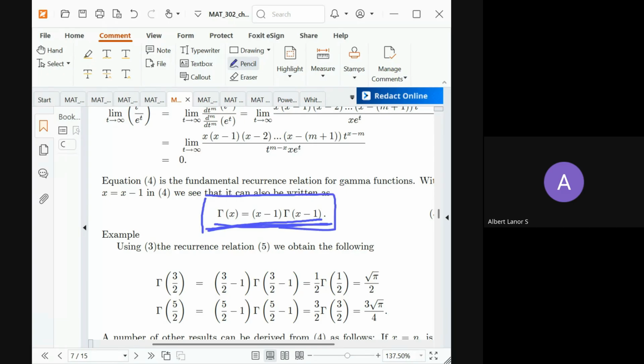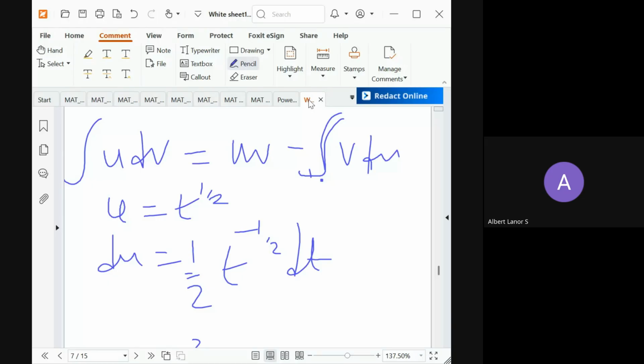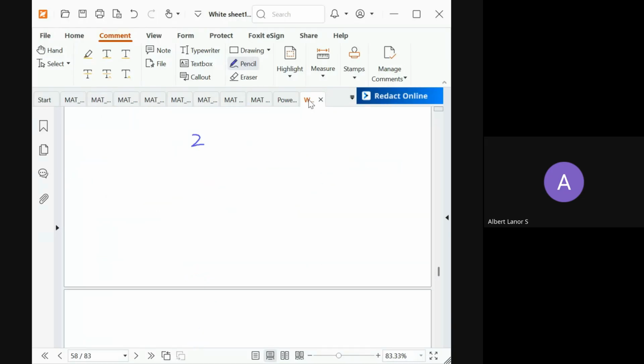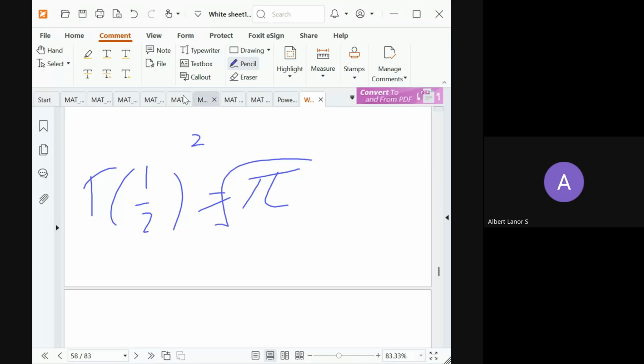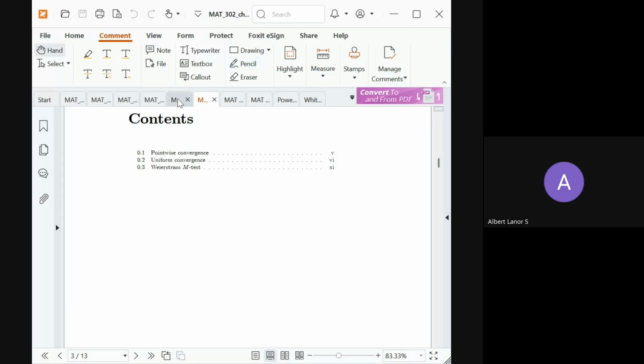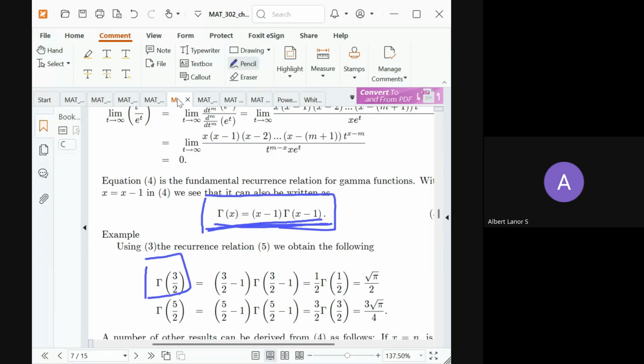Now first, let's find gamma of 3/2. You recall that gamma of half is root pi.